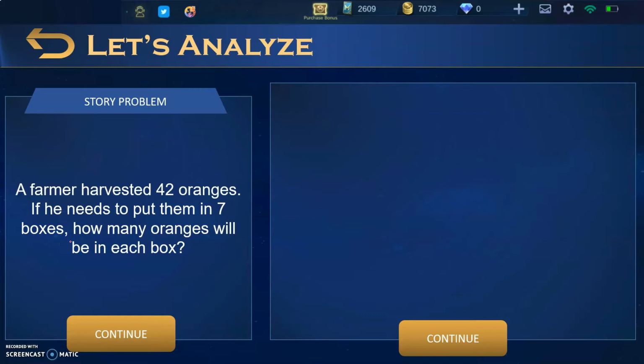ESA stands for equation, solution, and answer. So let's start with our equation. Based on the question and given data, the equation will be 42 divided by 7 is equal to n. Okay?